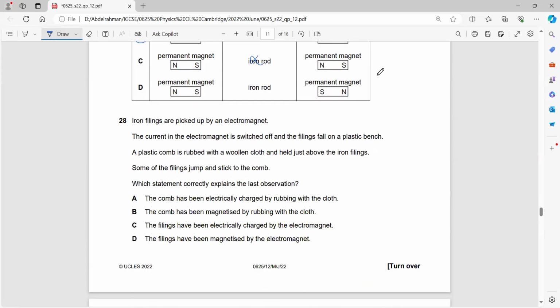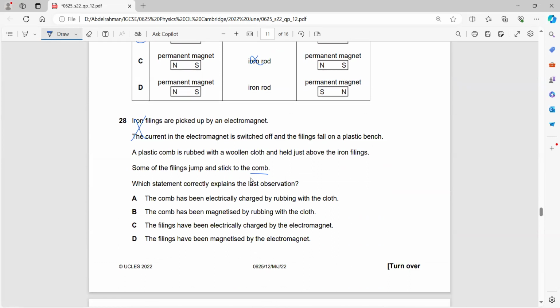Iron filings are picked up by an electromagnet. The current in the electromagnet is switched off and the filings fall on a plastic bench. The plastic comb is rubbed with a woolen cloth. Basically the first two sentences are irrelevant. Some of the filings jump and stick to the comb.